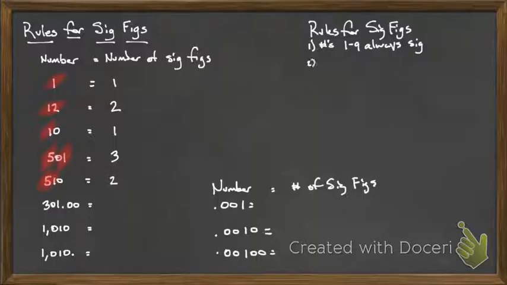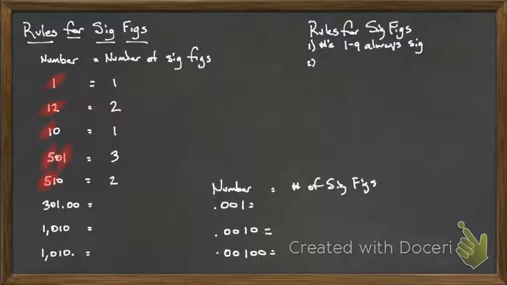Alright, this is the second one here. From the numbers that we have here, we have an issue with the zeros. Okay? Zeros have the most of the rules, and a lot of practice just helps. The number 10, for example. If I see a 0 and it's to the right and there's no decimal, it does not get counted.